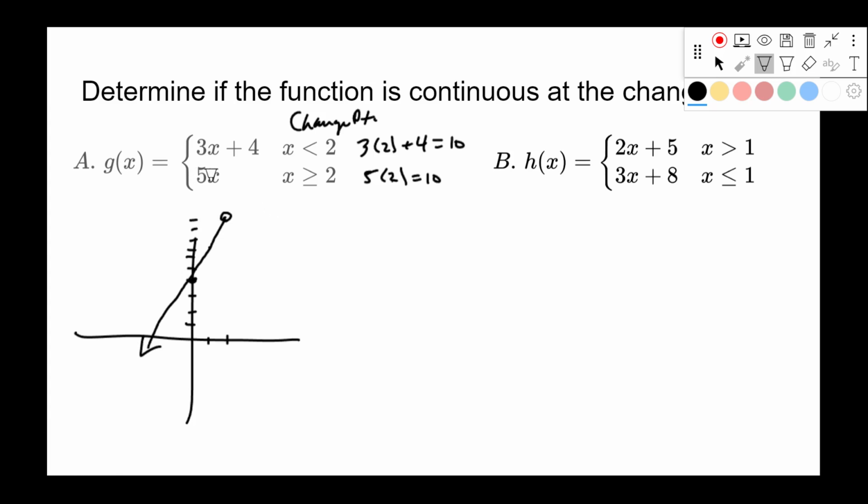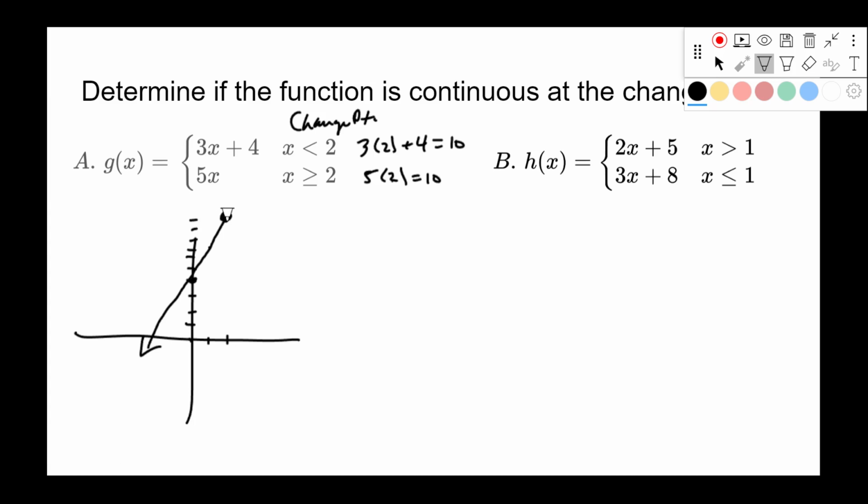Now, if I went to the other piece, y equals 5x, and tried to graph it, I'd start on 0, go up 5, 1, 2, 3, 4, 5, 1 to the right. Then up 1, 2, 3, 4, 5, 1 to the right. And sure enough, this graph on the bottom, the y value matches the other graph.